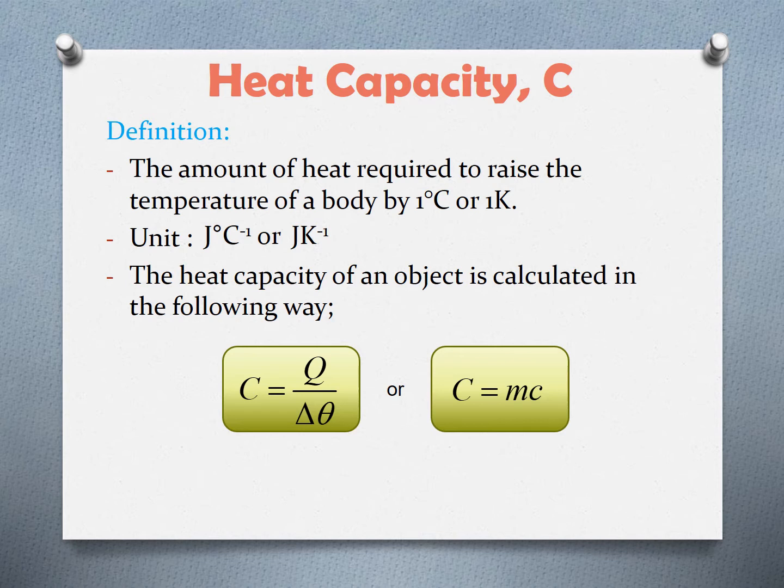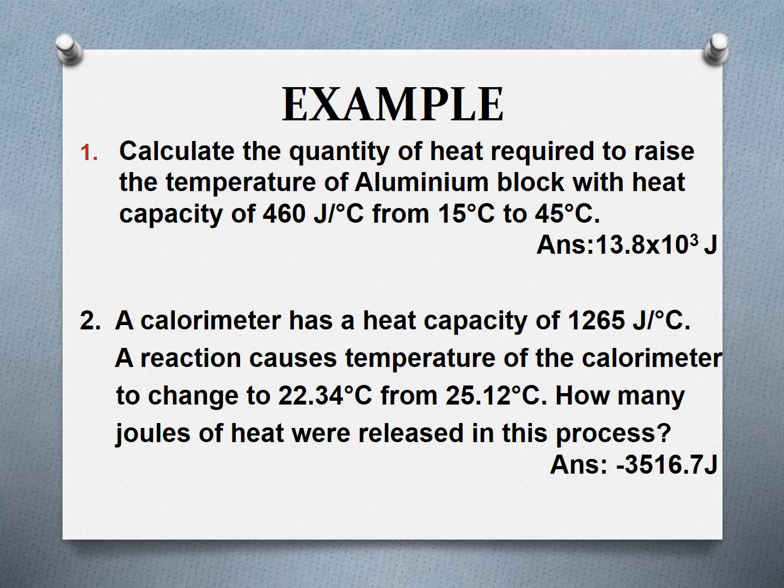The heat capacity of an object is calculated in the following way: C equals Q over delta theta, or C equals mc. This is an example question regarding heat capacity.